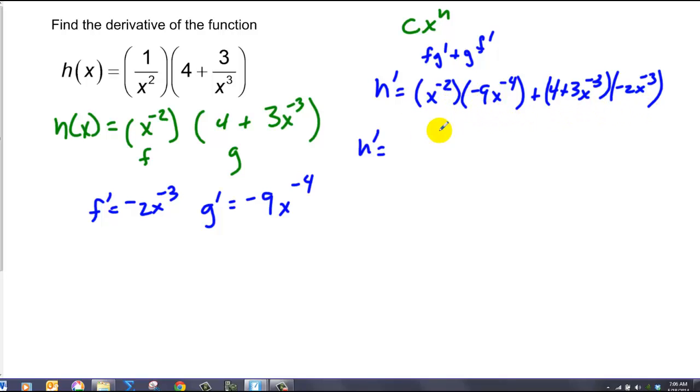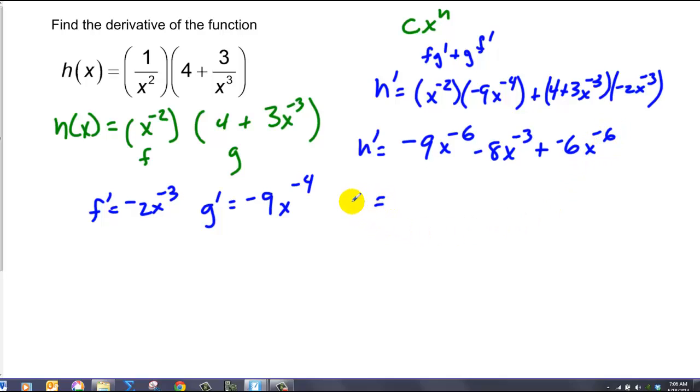This doesn't appear to be too big, so let's just multiply it out now that I'm thinking of it. We have negative 9x to the negative 6 minus 8x to the negative 3 plus negative 6x to the negative 6.